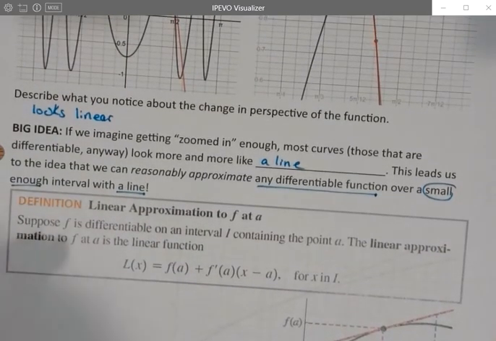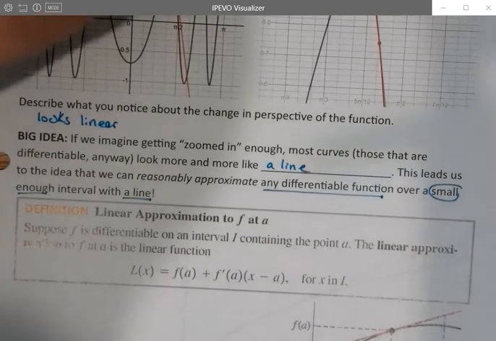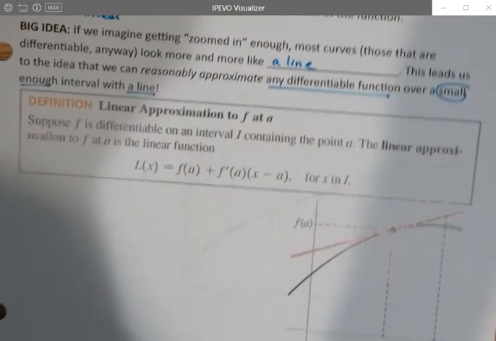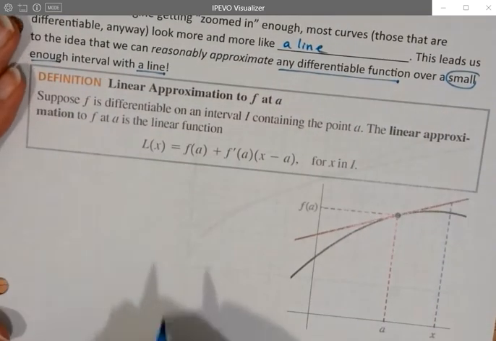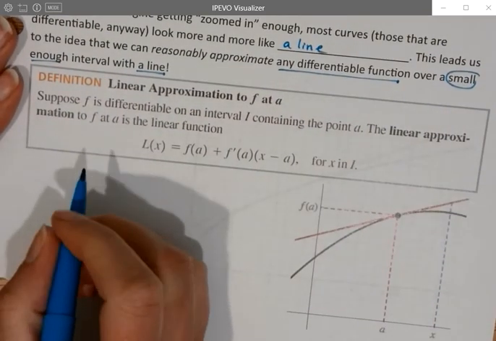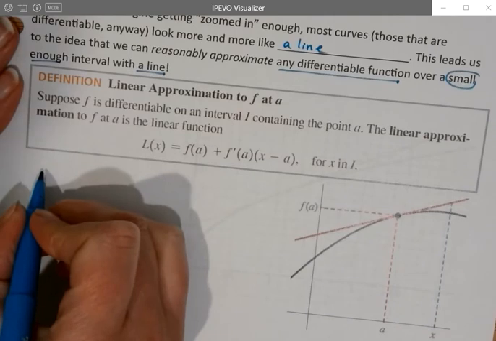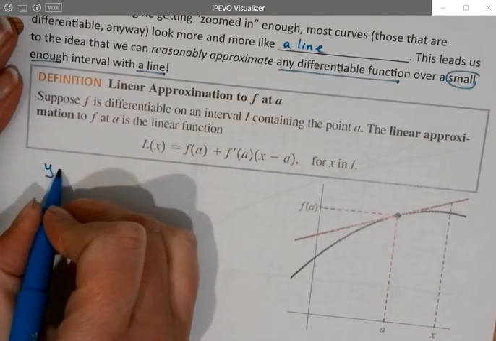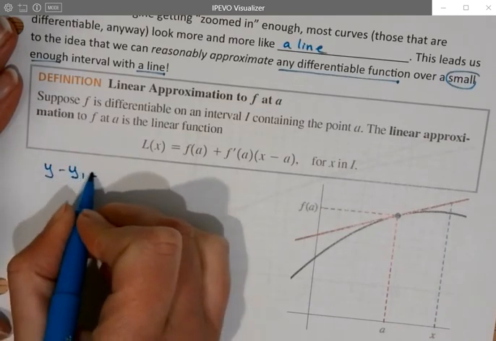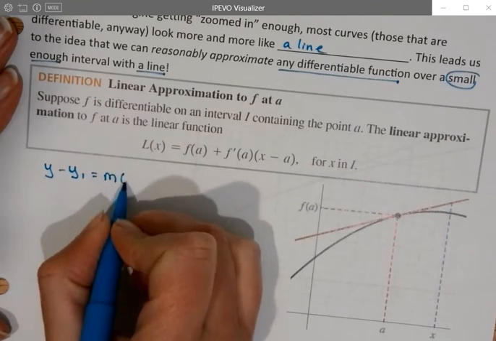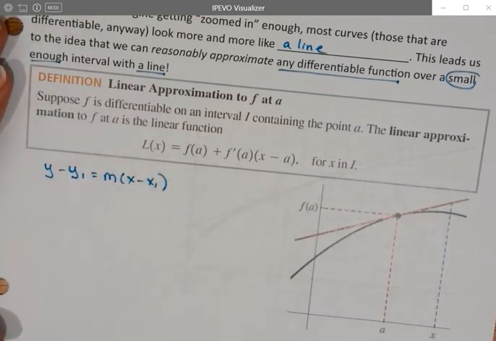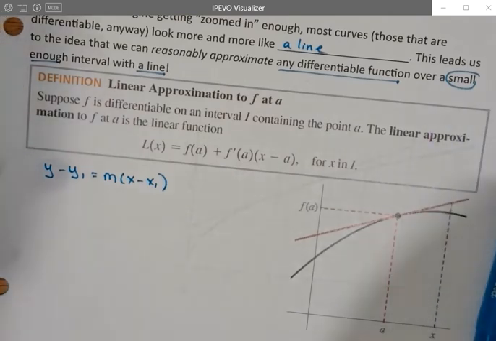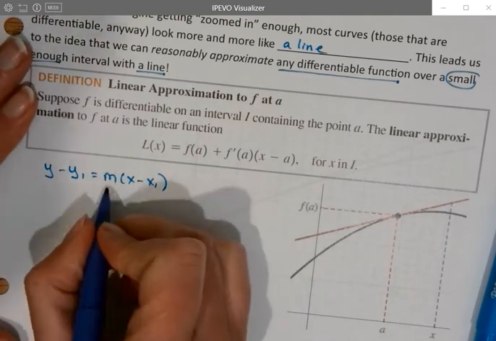So the first thing I want to do before I actually talk about linear approximation is talk about what a line looks like in its equation form. We've used lines before in point slope form. Remember that point slope form is y minus y1 equals m times x minus x1. And we know that we can get the slope from the derivative.